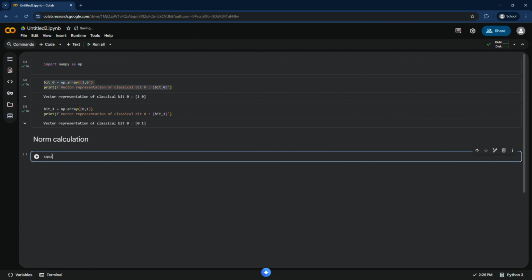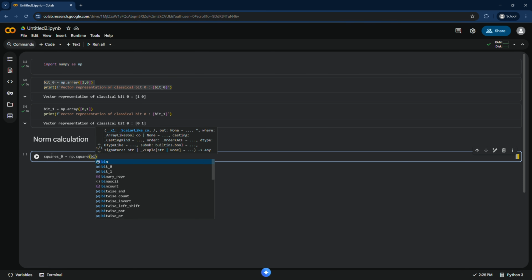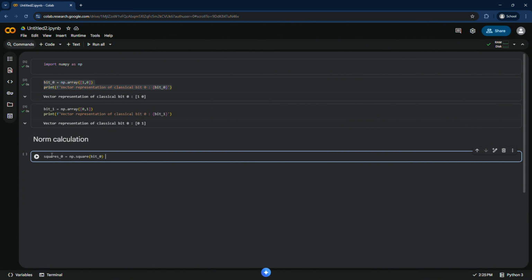Now let's compute the norm of these vectors. Before we use NumPy's built-in function, we are going to compute the norm manually using the exact math formula we talked about. Norm equals root of a square plus b square. This helps you understand what the norm really is, just a distance calculation.